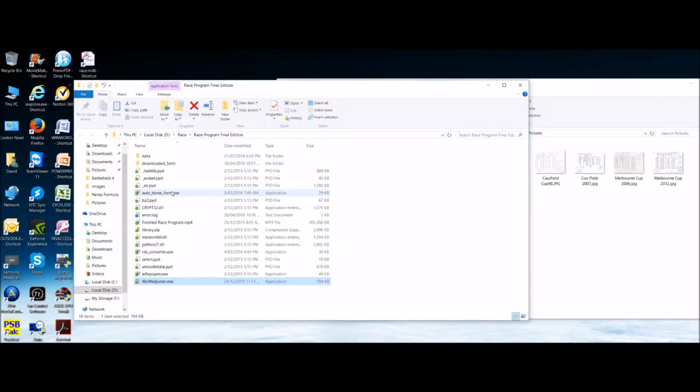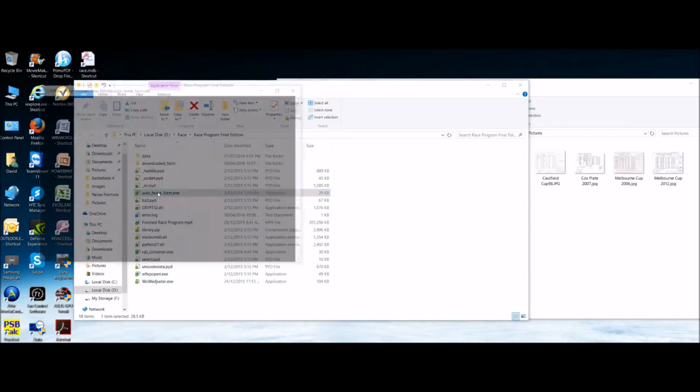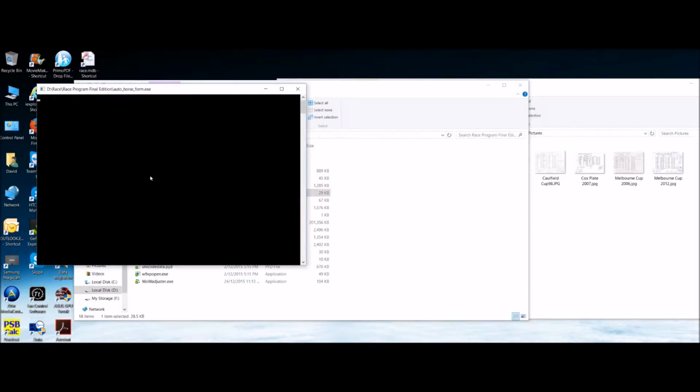What you do is you run what is called the Auto Horse Form EXE, and what that does is it goes off and drags down the form that I need from the internet. Now it starts to see how it's running down. That's the next 3 days racing in the entire country, and it's bringing it all into my horse racing program.